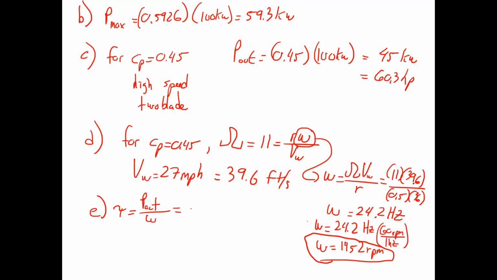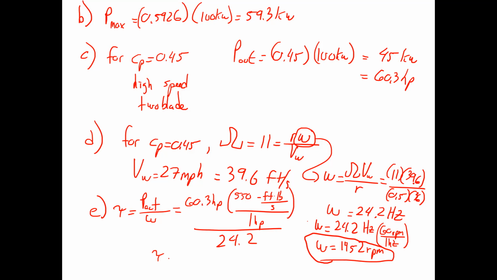So here we'd have power extracted is 60.3 horsepower. We can convert the horsepower by taking 550 foot-pound per second in 1 horsepower. Divide all of that by the angular speed in hertz.